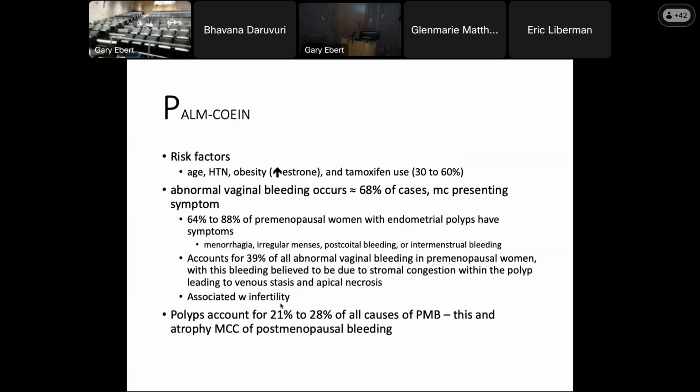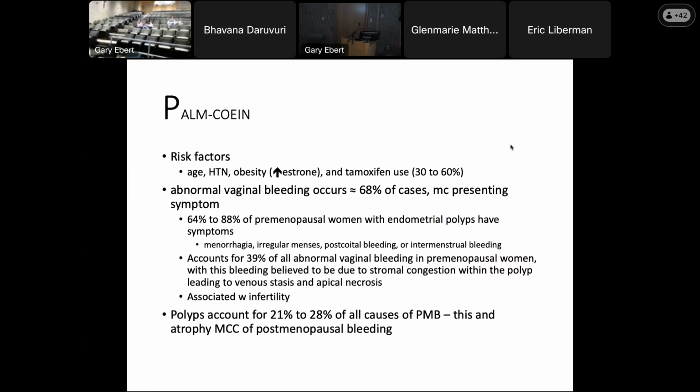Just briefly to go over the polyps, because you're doing hysteroscopy on patients, it's important to be able to counsel your patients on polyps. Increased risk factors are age, hypertension, obesity, basically anything that increases estrone or estrogen to the lining of the uterus. With obesity, we all know from aromatization that certain steroids are converted into estrone.